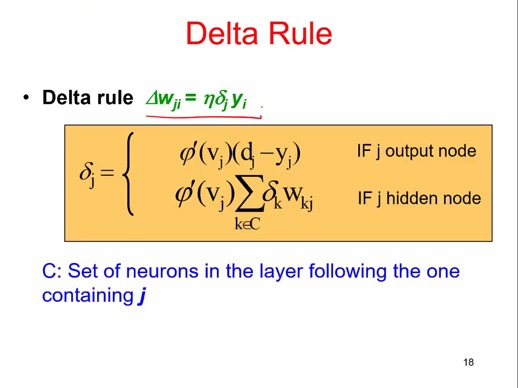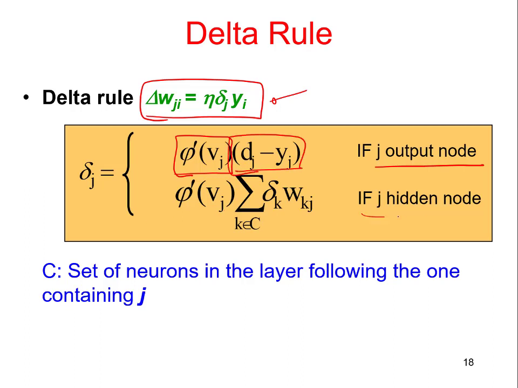So delta ji, and this is the weight update delta rule that we have already seen. According to the weight update delta rule, if an output neuron j is considered, there will be the activation function's first order derivative multiplied with the error.